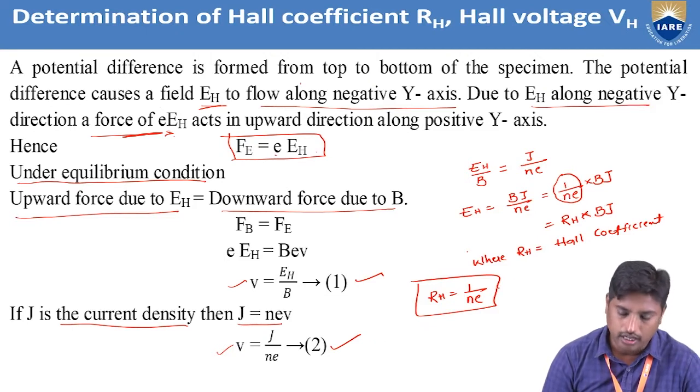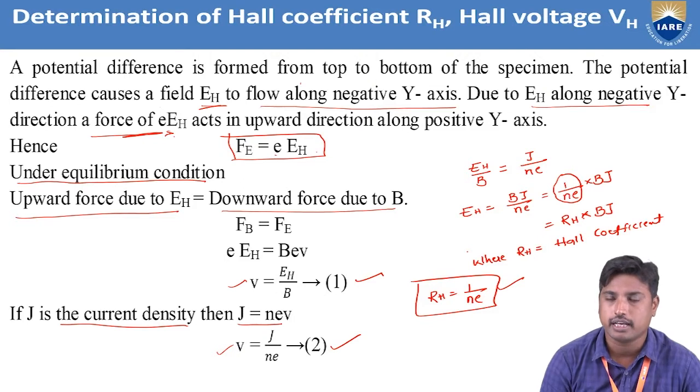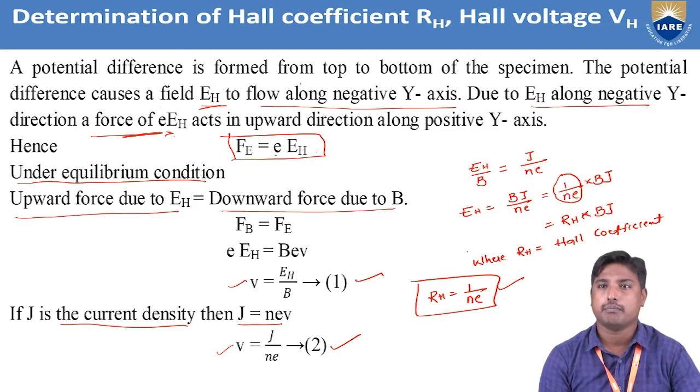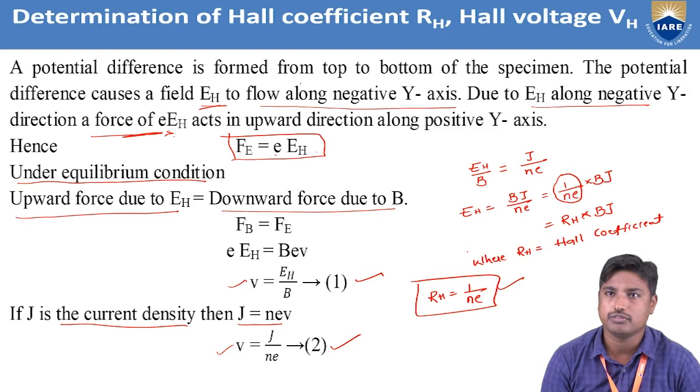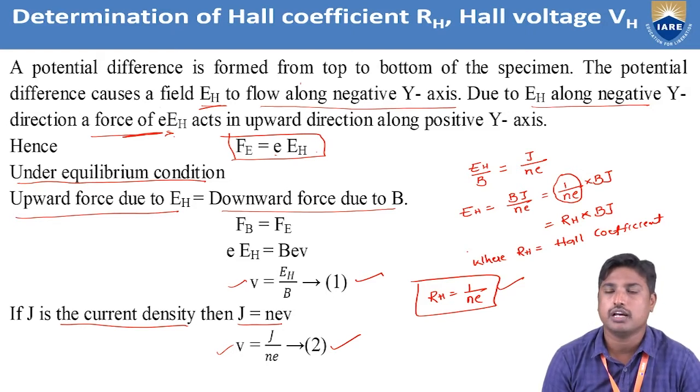So based on the Hall coefficient, if the Hall coefficient is negative, we can say the specimen we are using in the Hall effect is N-type semiconducting material. If we get a positive Hall coefficient, we can say the specimen used is P-type semiconducting material.